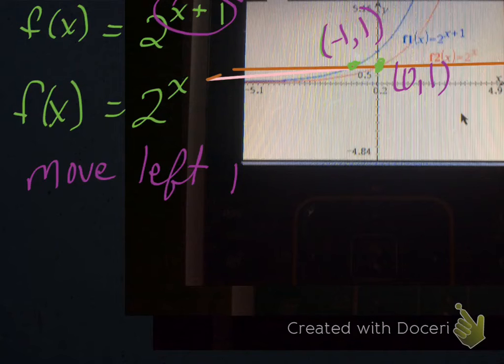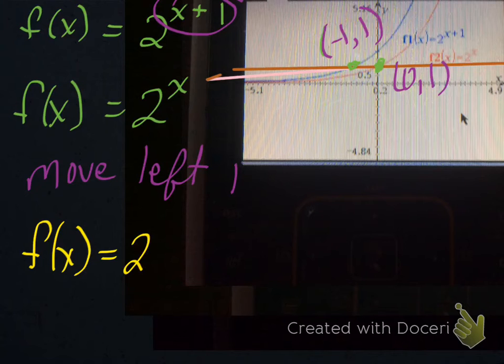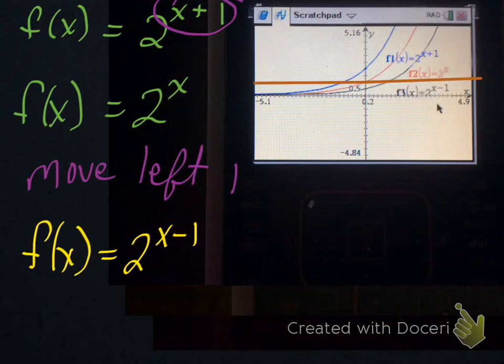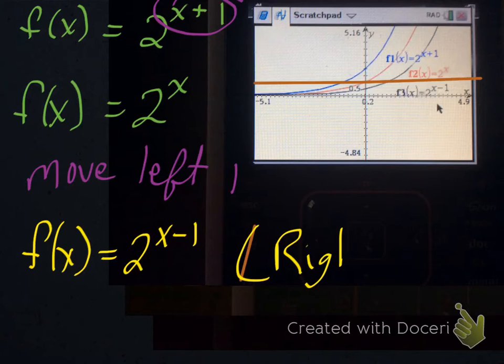So if you did -1, would it move to the right? Let's find out. Try that in your calculator. When we had f of x equals 2 to the x minus 1, instead of going left 1, we went right 1.